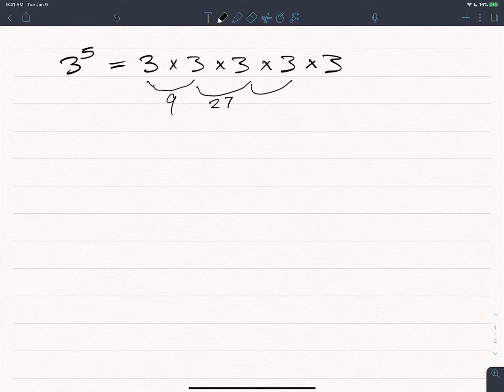Times another 3 is 81. And 81 times 3 is 243. But that's as simple as it is. It's just repeated multiplication. We're multiplying by the same thing multiple times.